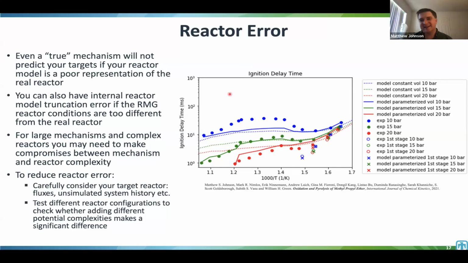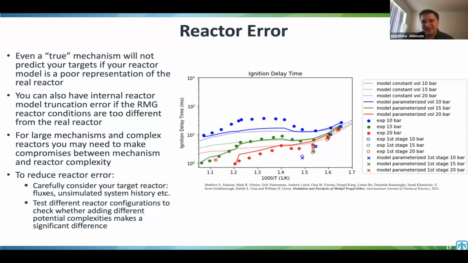And this is because the methylpropyl ether is very reactive, and so it actually has chemistry occurring during the downstroke of the cylinder. When we model it properly, starting the simulation as the piston is coming down, we get this green line, which, as you can see here, matches the experiment very, very well.